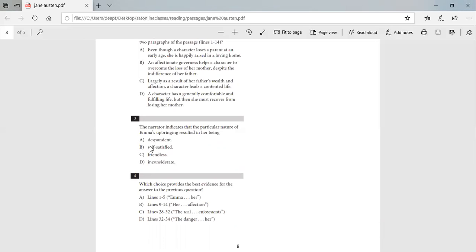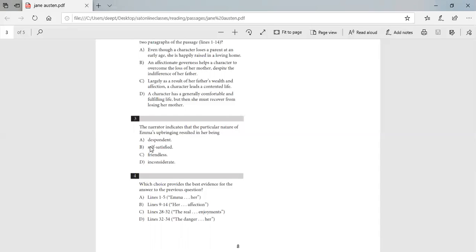Inconsiderate. So she's inconsiderate, which means she doesn't really care about others. She thinks only about herself. Now it says that she thinks about herself. That is given. But when you say she thinks about herself, does that mean that she doesn't think about others, or is it a negative word, that she does something bad to others, like she hurts others?